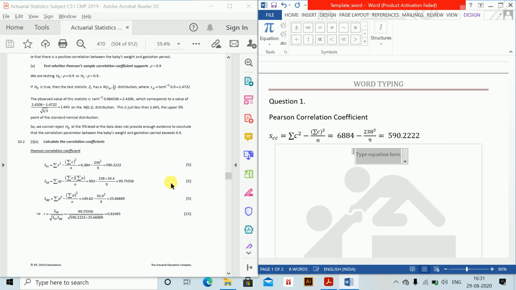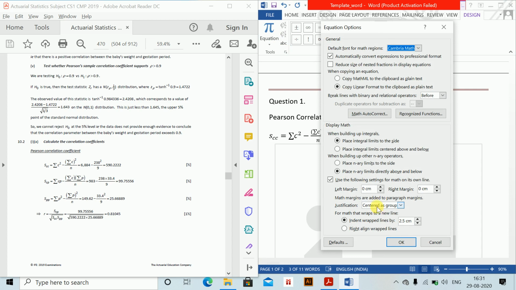Okay, we'll just do one change, small is centered as crew, has to be left.